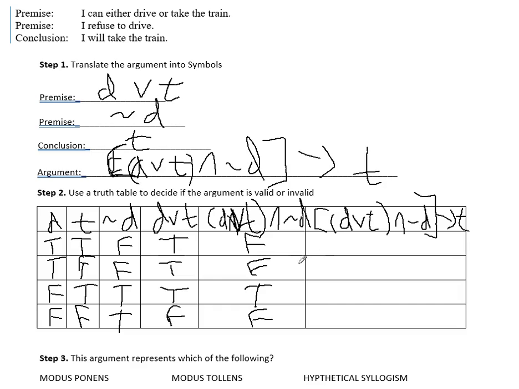Okay, so now we have the truth values of this, and we have the truth values of T. We're going to use those for the truth values of this conditional. We're focusing on the truth values of T and the truth values of this part here. For a conditional, we have the antecedent and the consequent.